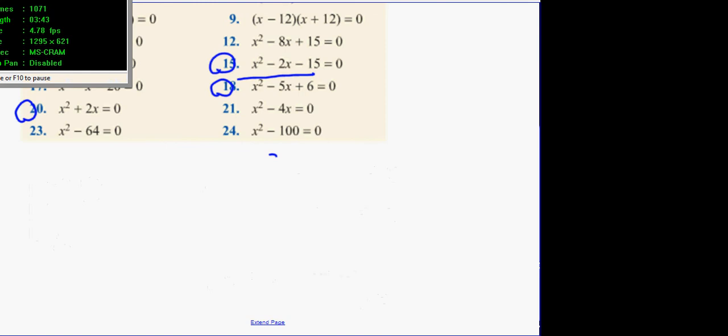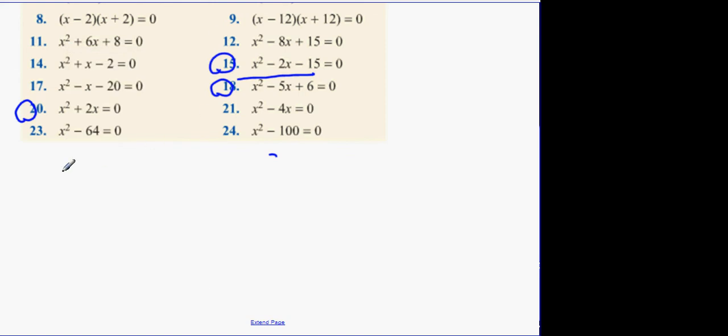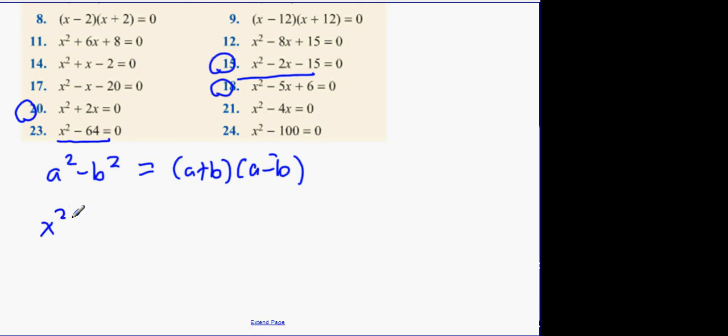Okay, guys. Earlier in the year, you learned what a squared minus b squared is. You did this in the factorizing part where you said it's a plus b multiplied by a minus b. We have this question here, x squared minus 64. Now what we've got to do with x squared minus 64 is this. x squared stays as x squared, but 64 changes into 8 squared.